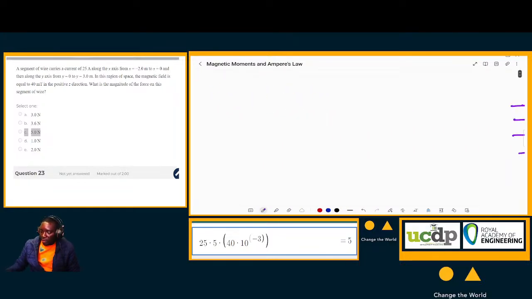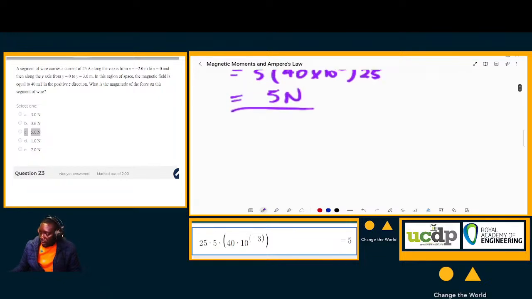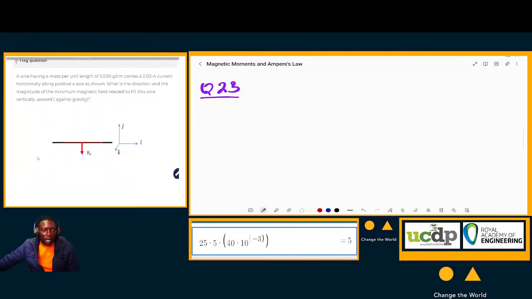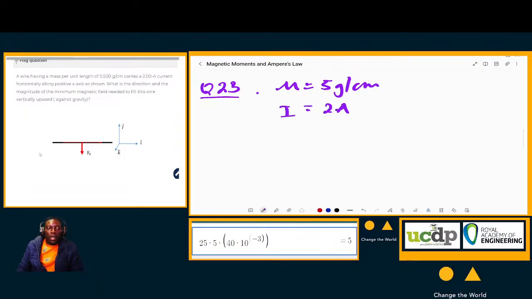We move on. Question 23. So with question 23, a wire having a mass per unit length of 5 grams per centimeter carries a current of 2 amps horizontally along a positive axis as shown.